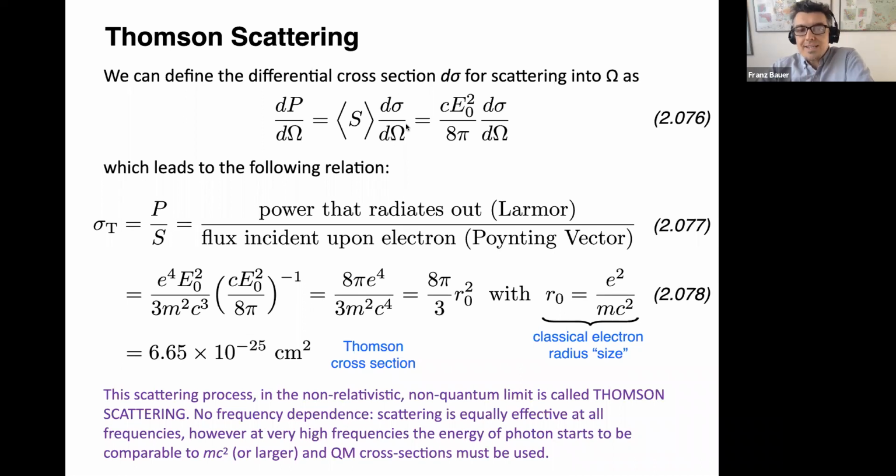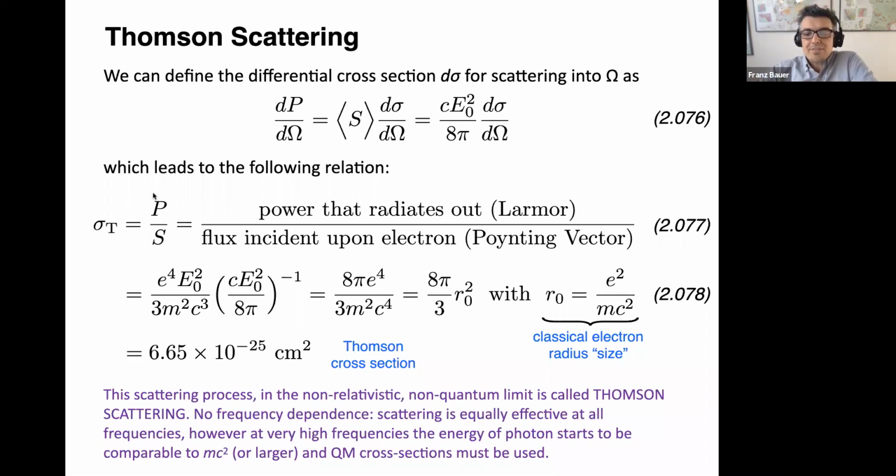And how do we actually get this thing? So we have this, and so we can calculate what this is. What is also useful to note is that we have the incident flux and we have the power radiated out, and that ratio gives us the cross-section. And so this cross-section ends up being the cross-section for Thomson scattering.